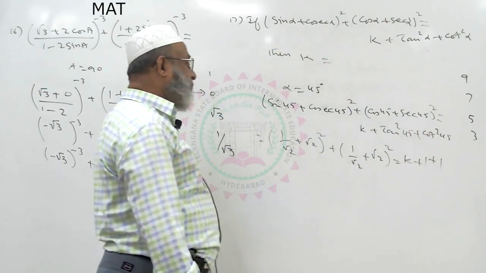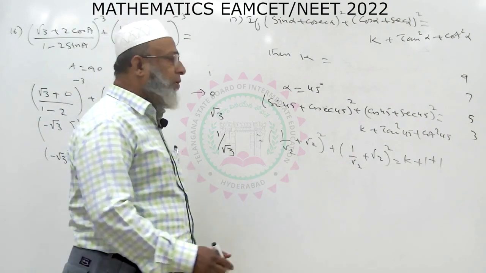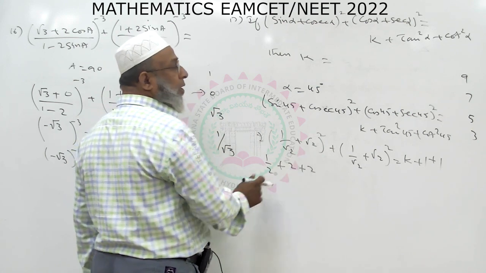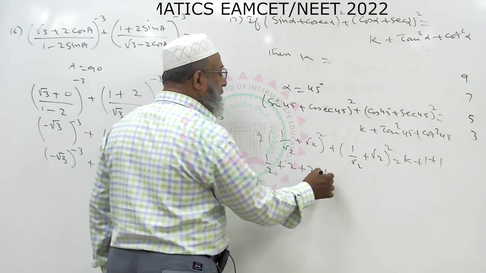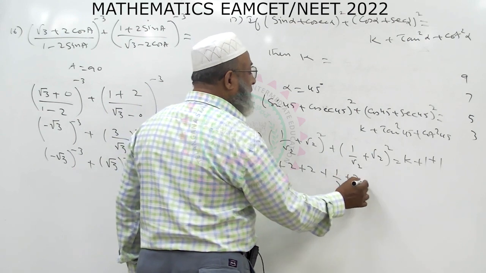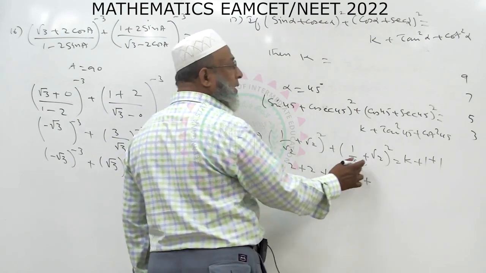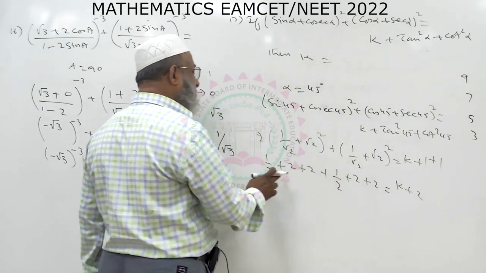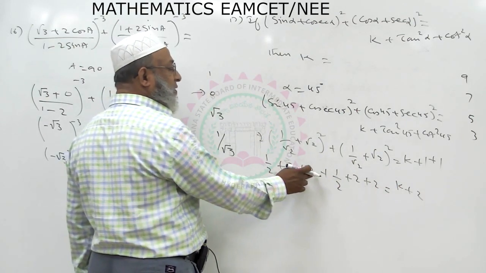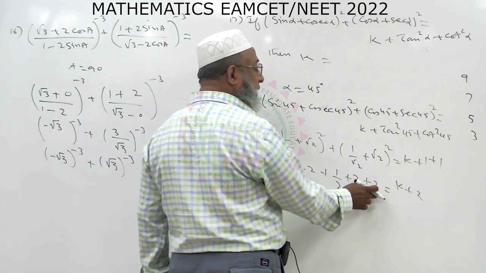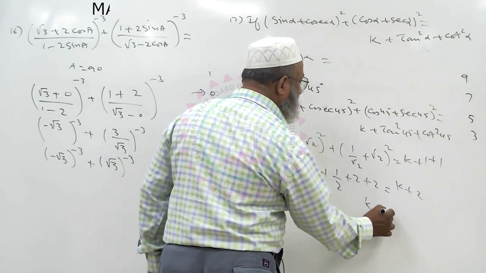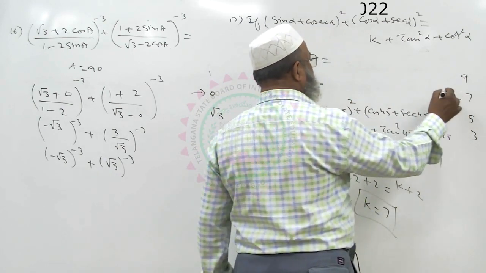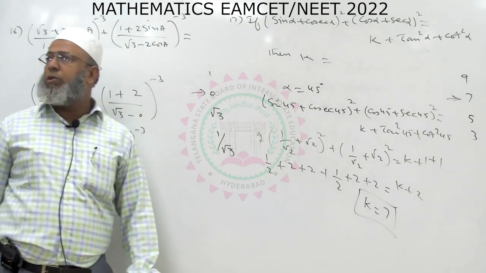Now it is in the form of (a plus b) whole square, so 1 by 2 plus 2 plus 2ab, where root 2 cancels, plus 1 by 2 plus 2 plus 2ab, root 2 cancels, is equal to k plus 2. So half plus half is 1, 1 plus 4 is 5, 5 plus 4 is 9, 9 minus 2 is equal to 7. Therefore, my option is second, that is k is equal to 7.